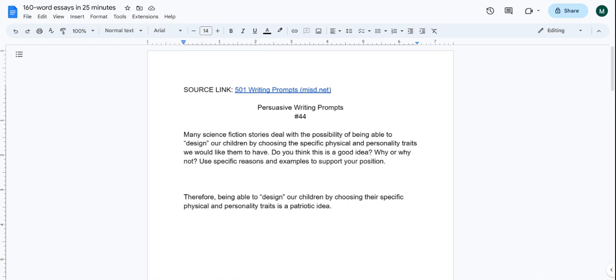It is a probability game. And we're sort of just gambling, to some extent, that we're going to produce a healthy human being, but also a good human being, a decent human being in the world.